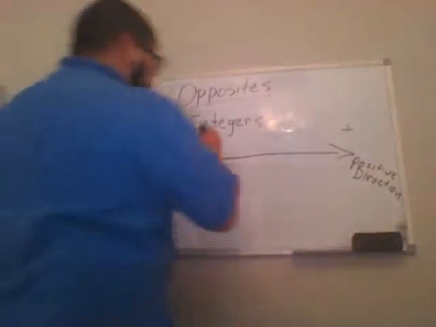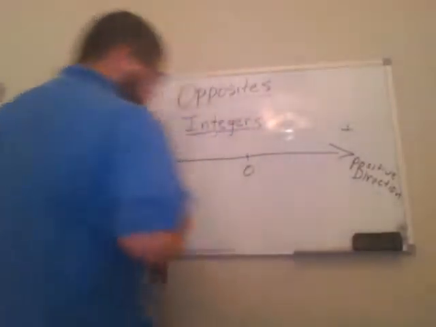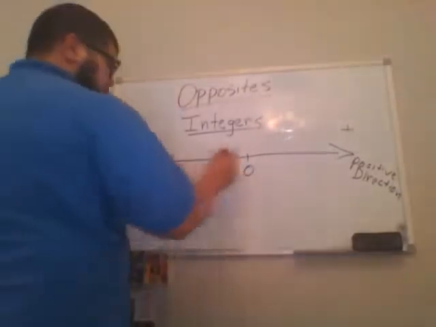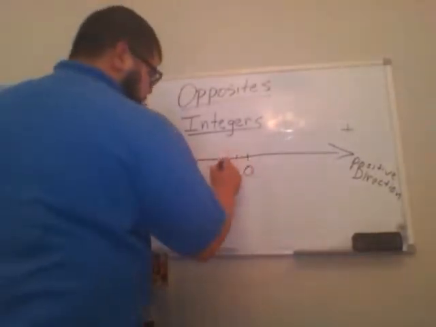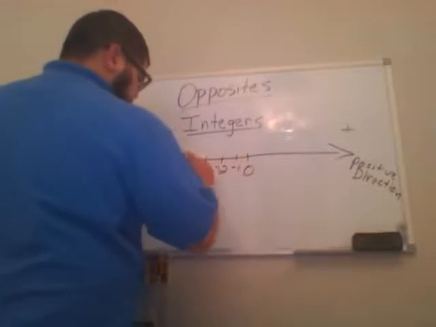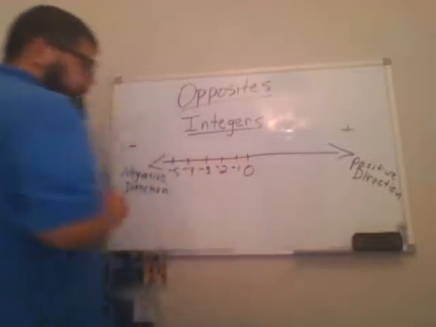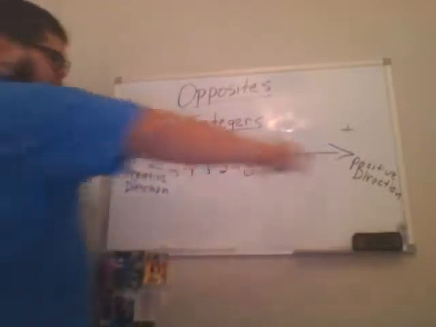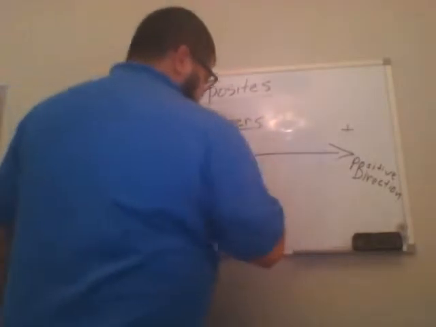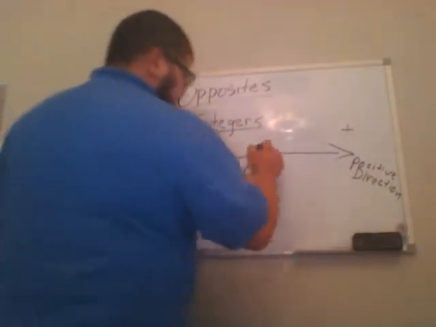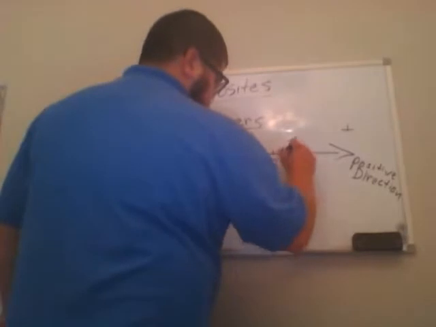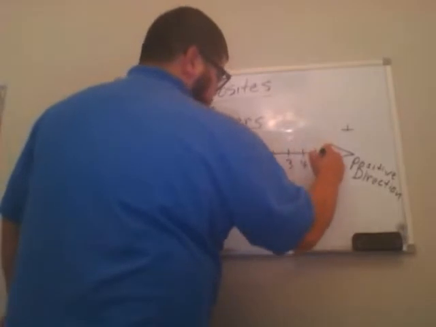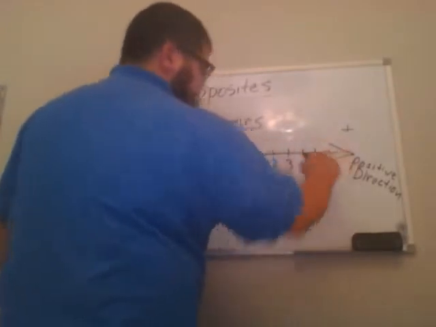Remember, integers has 0 in the middle. It has all the negatives: negative 1, negative 2, negative 3, negative 4, negative 5. It also has all the positives: 1, 2, 3, 4, 5, 6, 7, 8, 9.